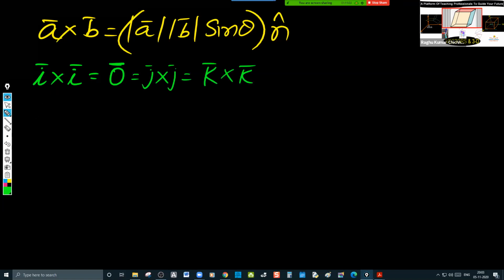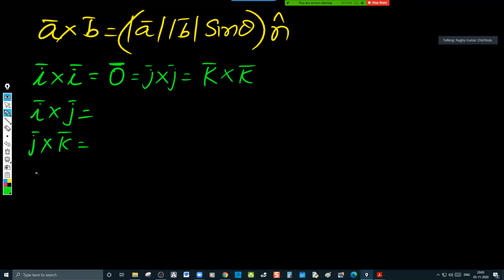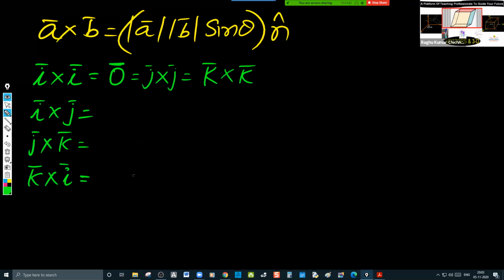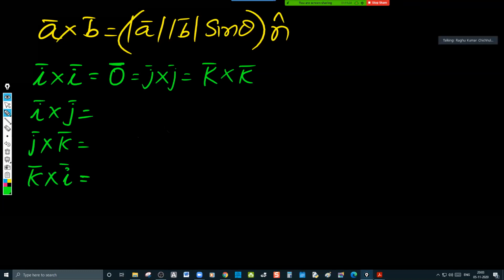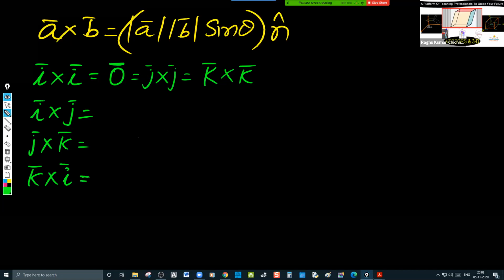Now I'm asking you this question. What is I cross J? And what is J cross K? And what is K cross I? 1 bar will not be there. 1 is a scalar, no? Then 0 bar. Kaushik, do you answer me this?